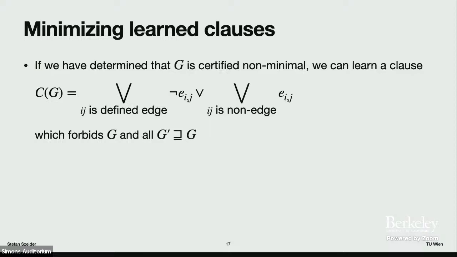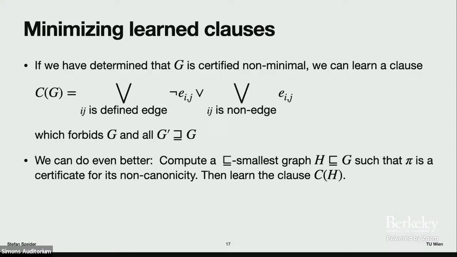So we just have a negation of the partially defined graph. And this is the clause that we learn, because this now forbids all graphs G prime that are larger in this ordering.